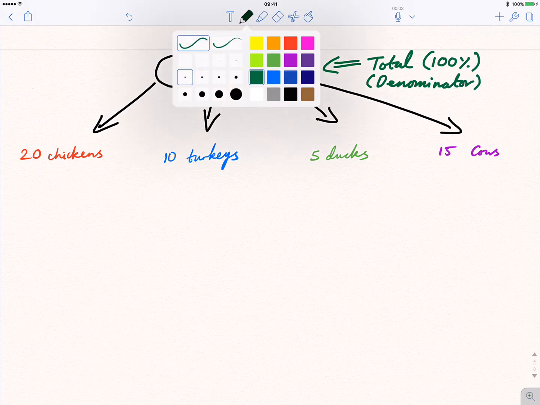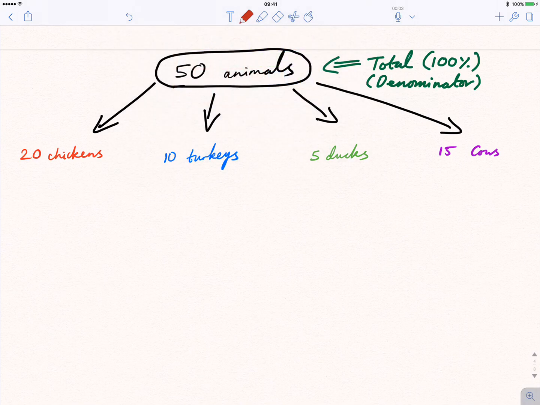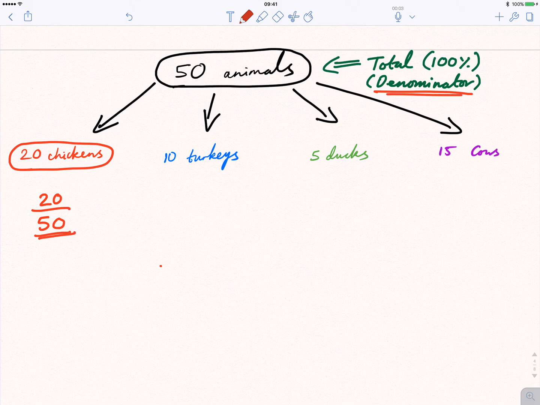So when you are asked to write the number of chickens as a percentage of the total, 20 chickens as a percentage of the total is just 20 out of 50. Again, you see that 50 is the denominator here.